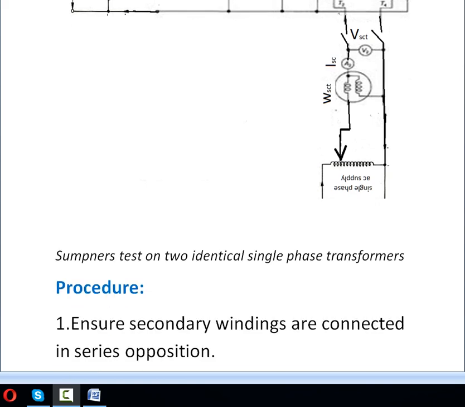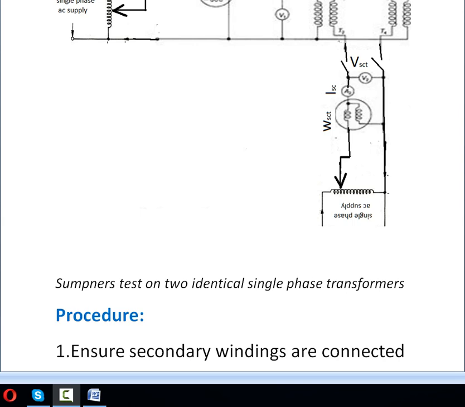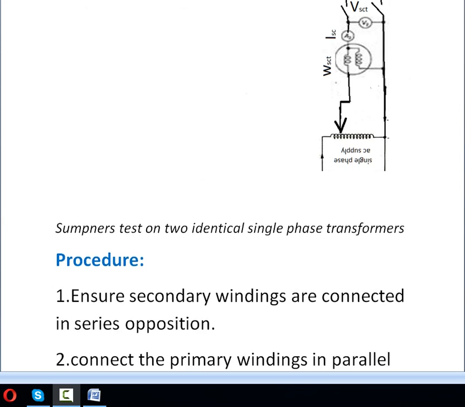Similarly, when this switch is closed, this voltmeter shows the voltage applied to both the series-connected secondary windings, this ammeter shows the rated current of the secondary winding, and this wattmeter shows the copper loss of both the transformers.